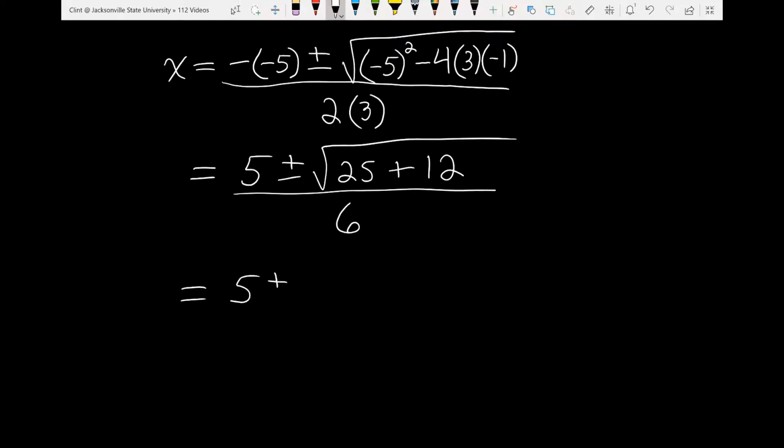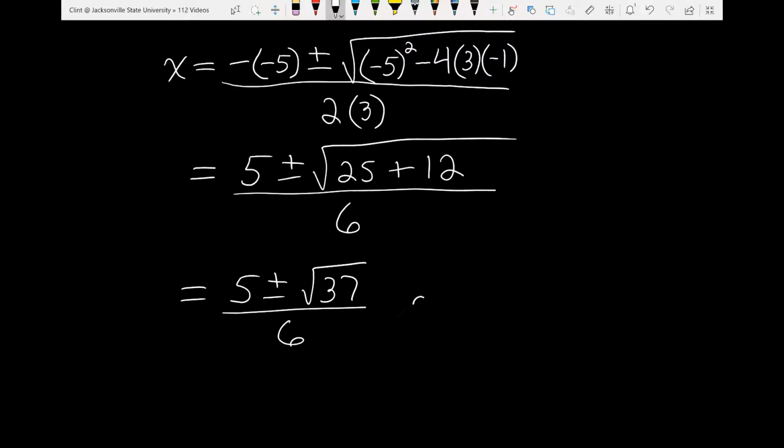Simplify under the radical. 25 plus 12 is 37. If we can simplify the square root of 37, we need to. In this case, that will not simplify anymore. The two solutions here are what we get when we do 5 plus the square root of 37, divided by 6, and when we do 5 minus the square root of 37, that answer divided by 6.